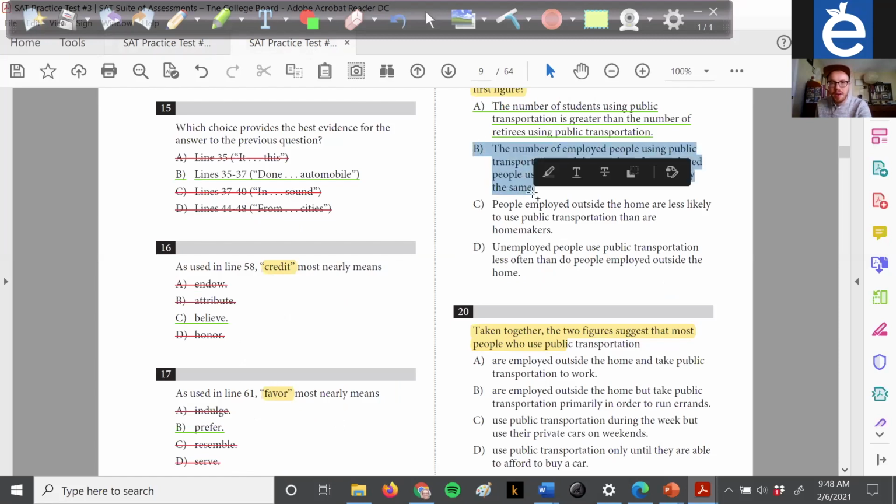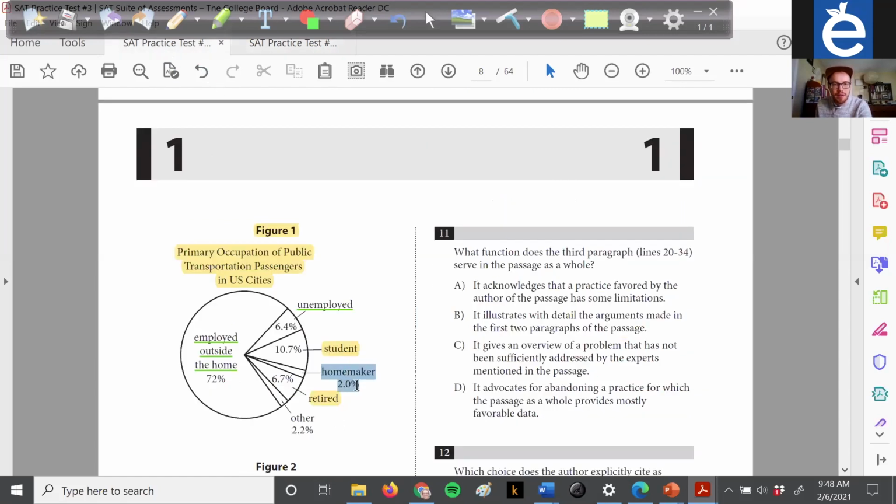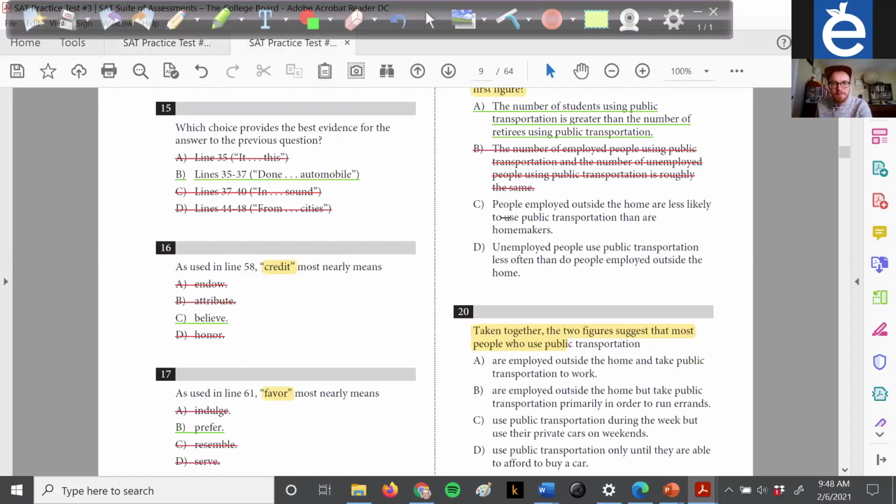People employed outside the home are less likely to use public transportation than our homemakers. No, again, they're a huge demographic, those employed outside the home. Unemployed people use public transportation less often than do people employed outside the home.